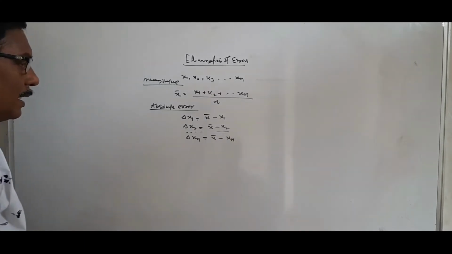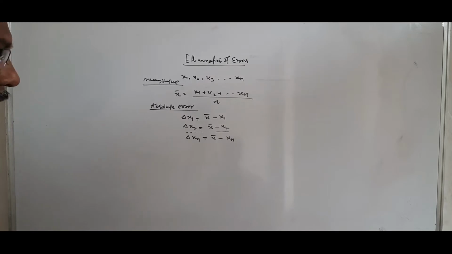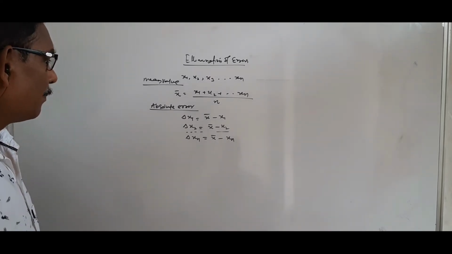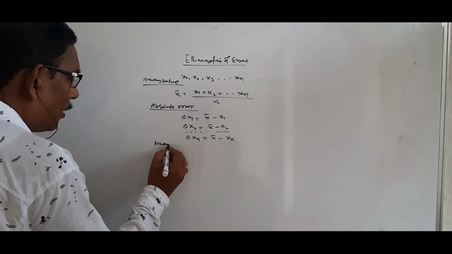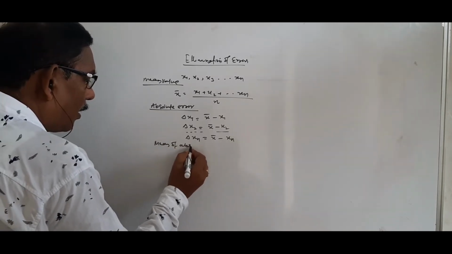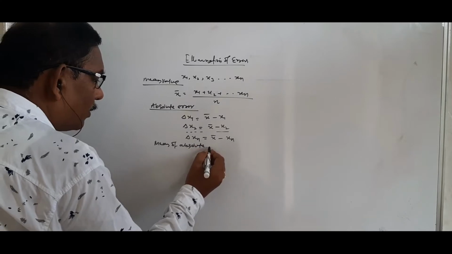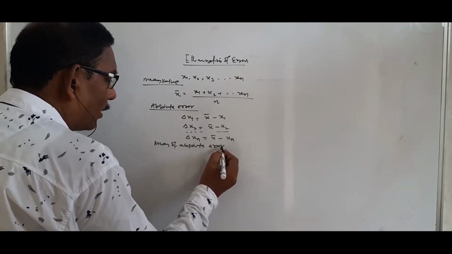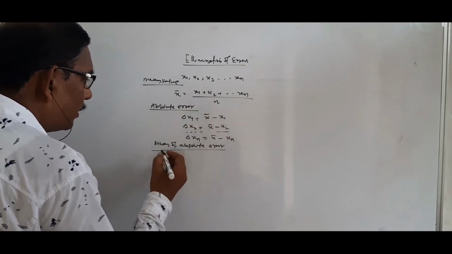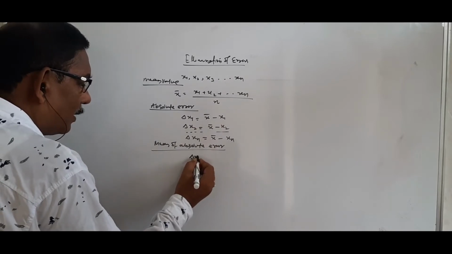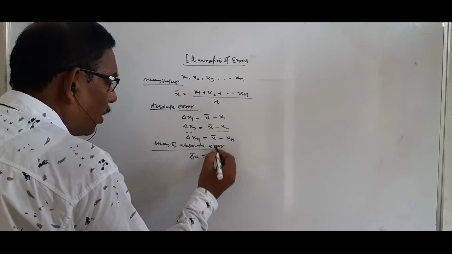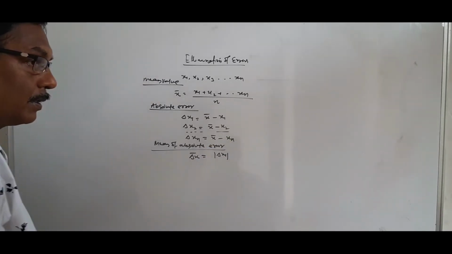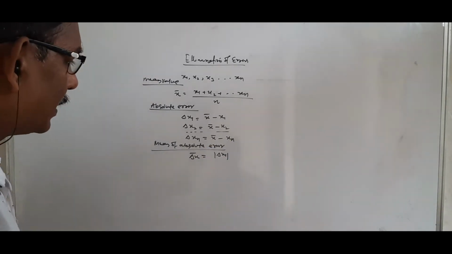Okay. Next step is to calculate the mean of absolute error. This is your delta x bar. You take it as modulus. It means the negative value becomes positive.